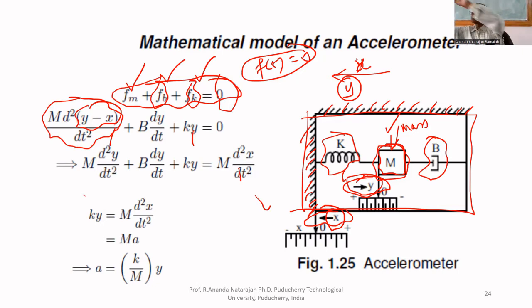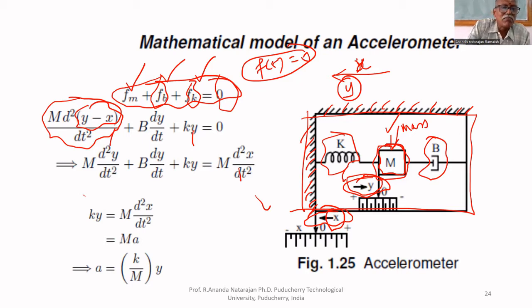Here the entire box is moved from this point to this point, say x. In that, the mass came a little bit to this side because of acceleration. That is y. Therefore, is it x minus y or y minus x? We are considering y as positive. From the diagram, we can understand that y is positive. That's why y minus x.